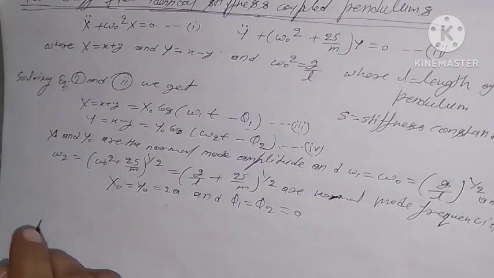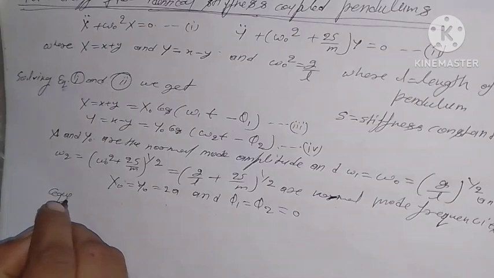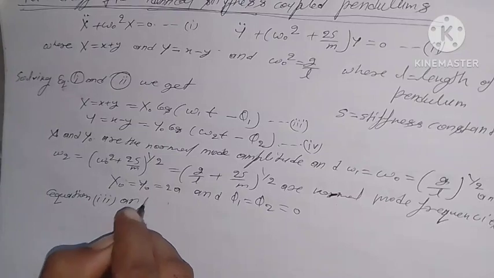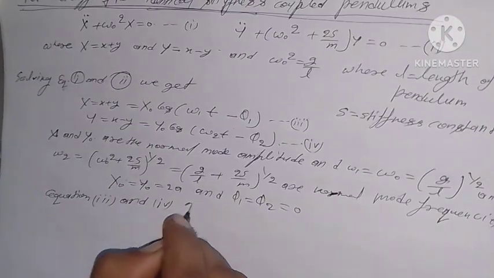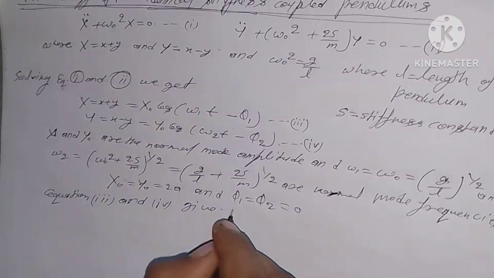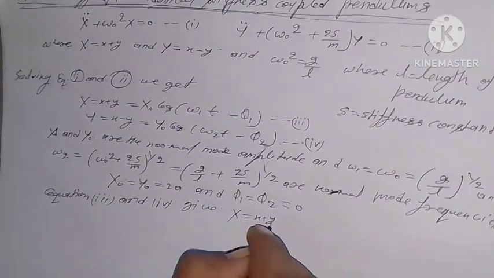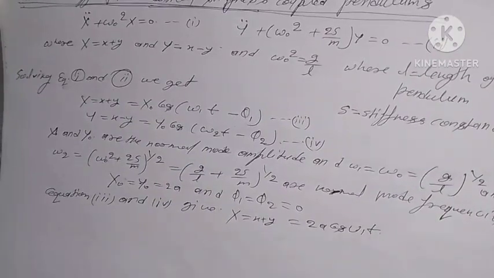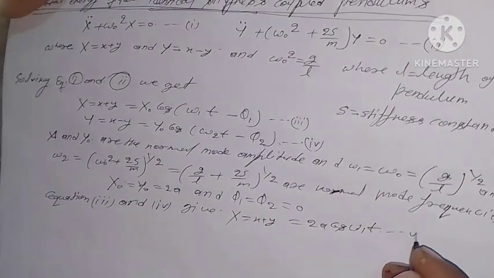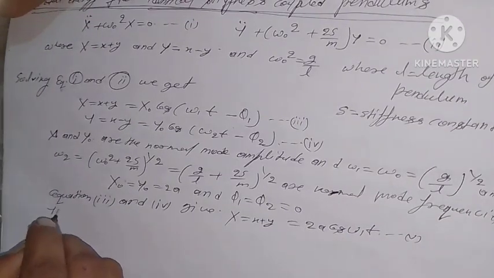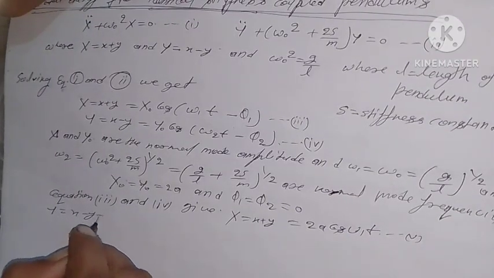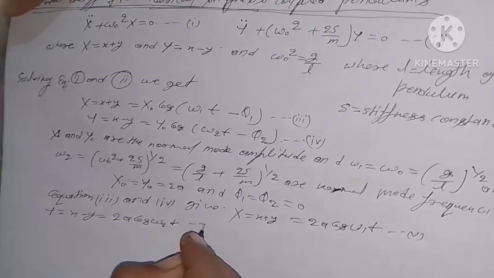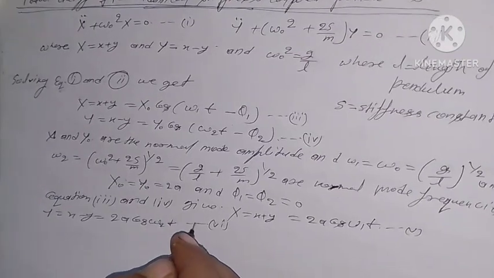Equations 3 and 4 give capital X equal to small x plus y equal to 2a cos omega 1 t. This is equation number 5, and capital Y equal to x minus y equal to 2a cos omega 2 t. This is equation number 6.